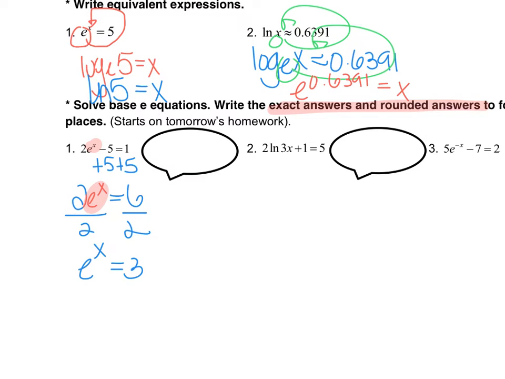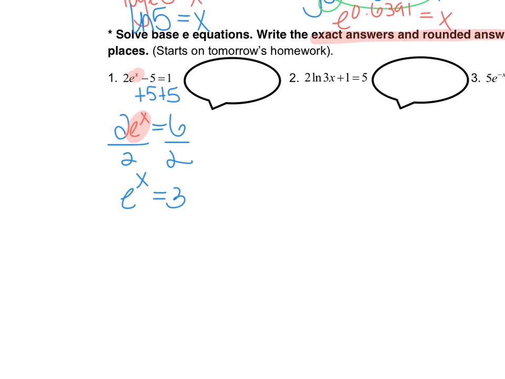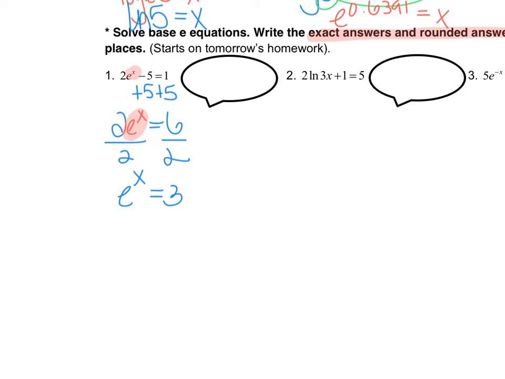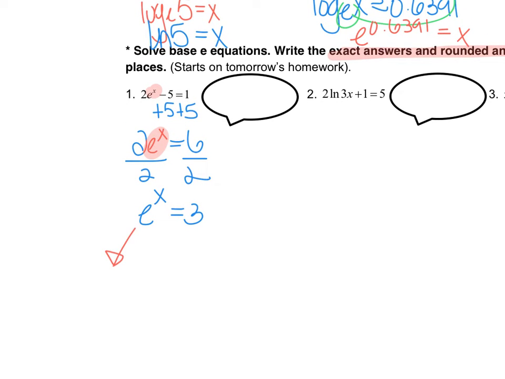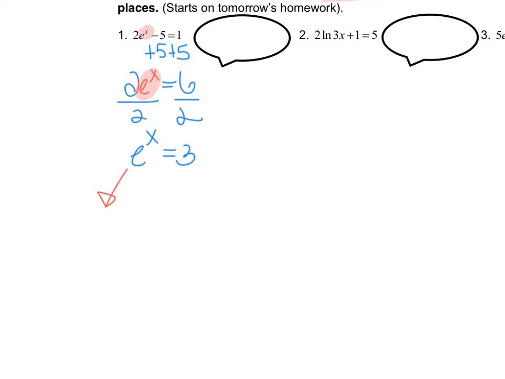Now there are 2 ways you can approach this problem. Some students like to switch into exponential form and go from there. I'm going to put this one in red because this isn't typically what I do. They'll say, okay, log base e of 3 equals x.